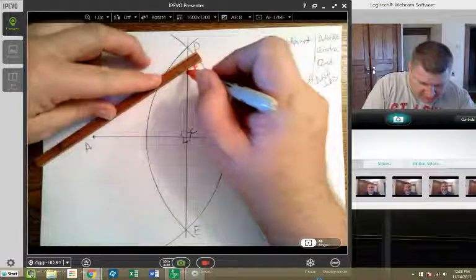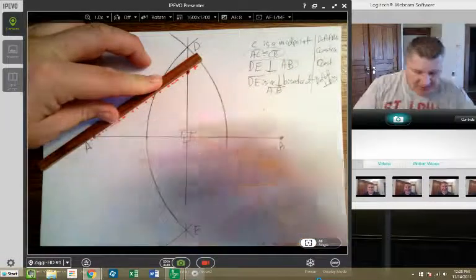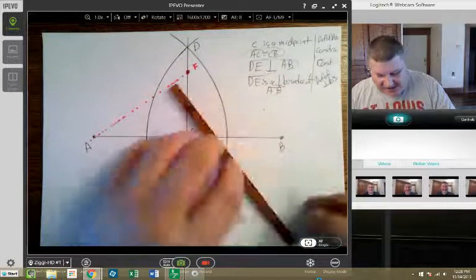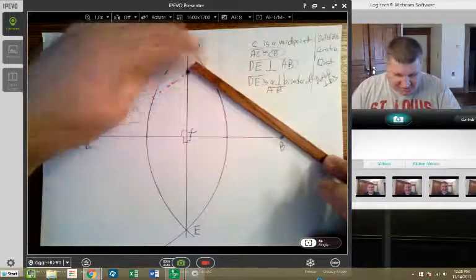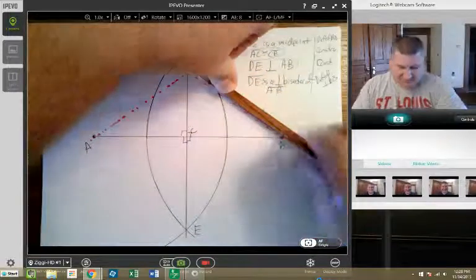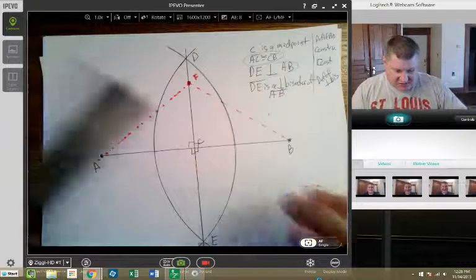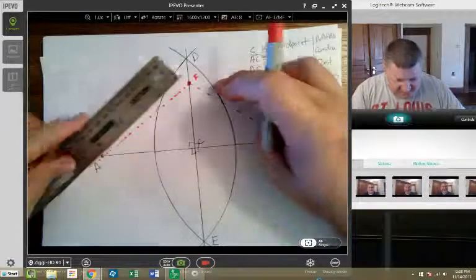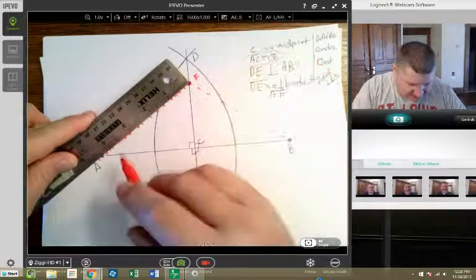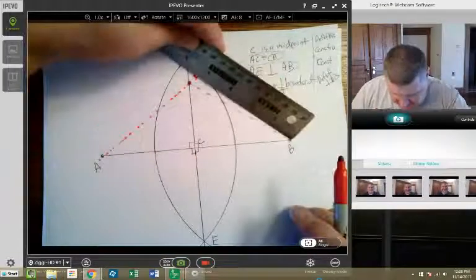Try not to use my ruler so that you know I'm not cheating. That distance there, AF, should be the same distance as FB. Now, just for giggles, let's take a look. F to A is 4 1/4 strong.